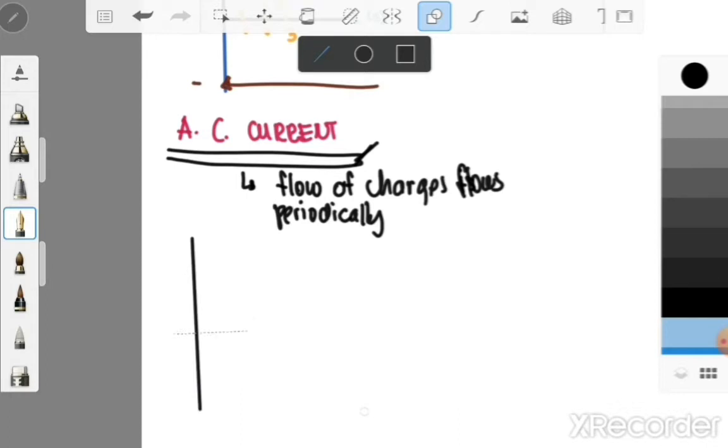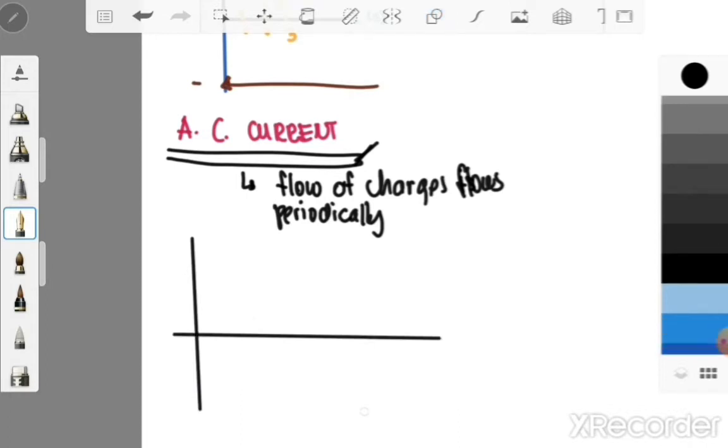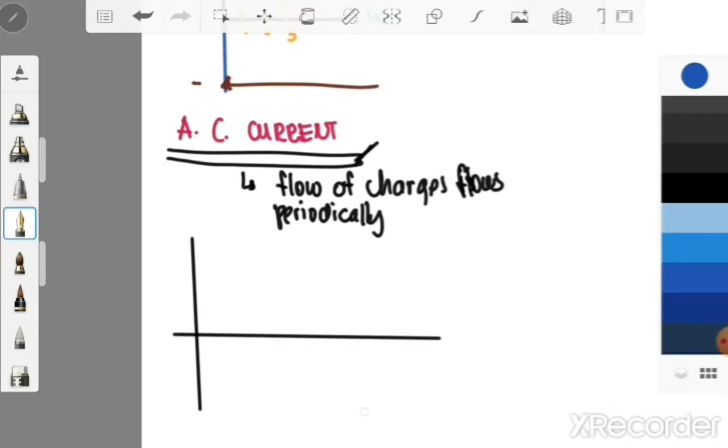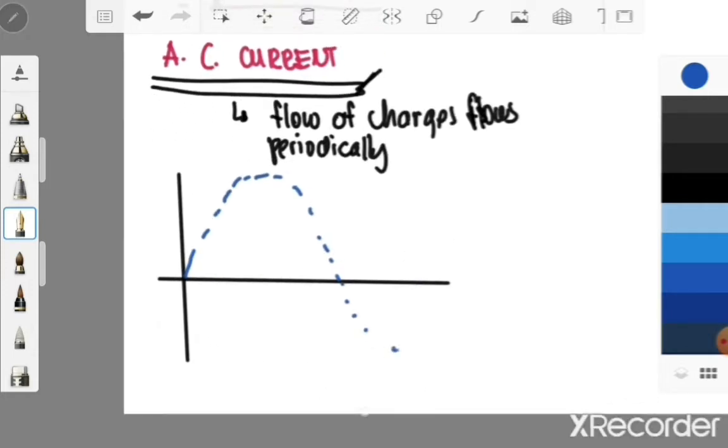If you are talking about AC current, your I will never be constant. There will be a positive and negative value, and it changes periodically. This is your sine wave.